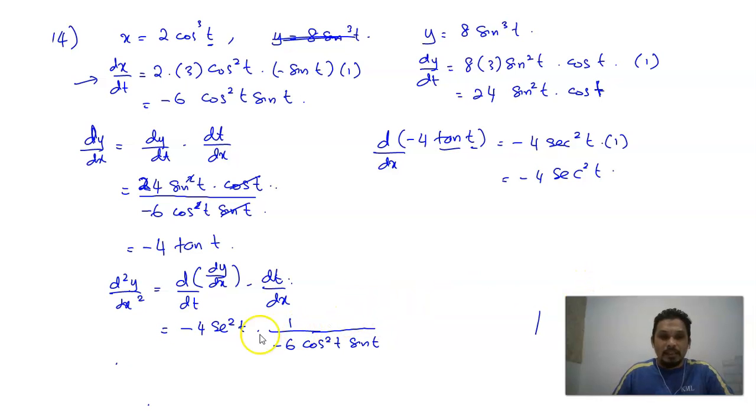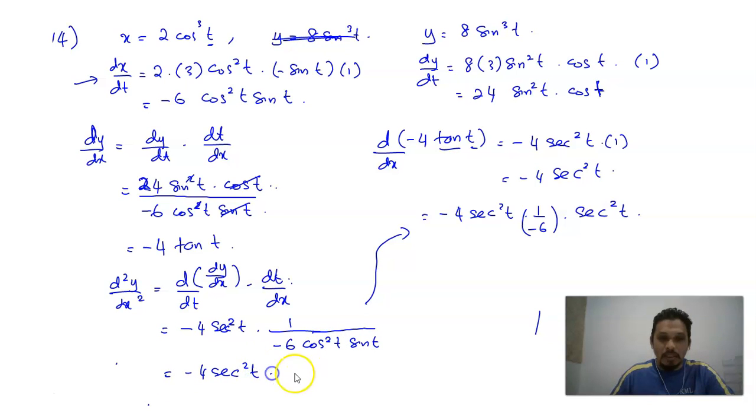What about this one now? Bringing it up, we have negative 4 sec squared t, multiplied with negative 1 over 6, times 1 over cos squared t, and 1 over sine t.